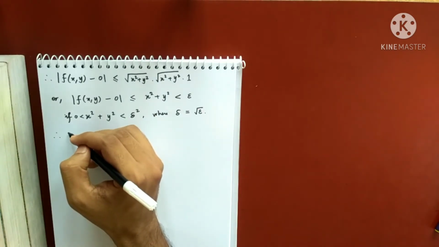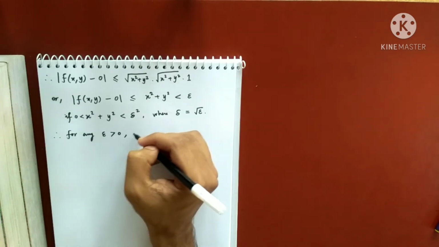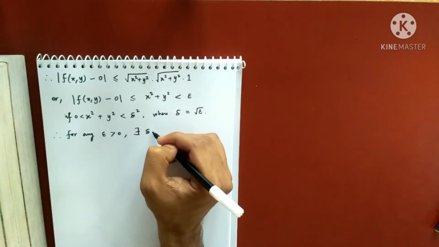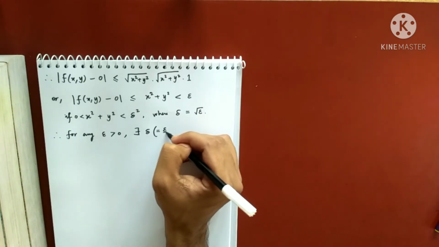So therefore, for any epsilon positive, there exists a number delta, which depends upon epsilon, right?